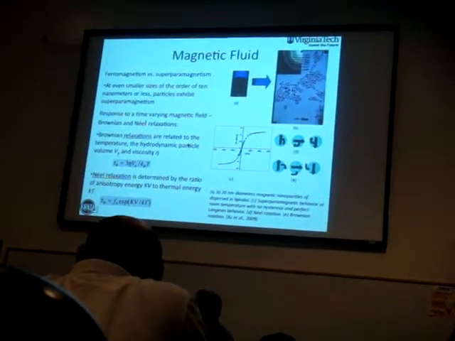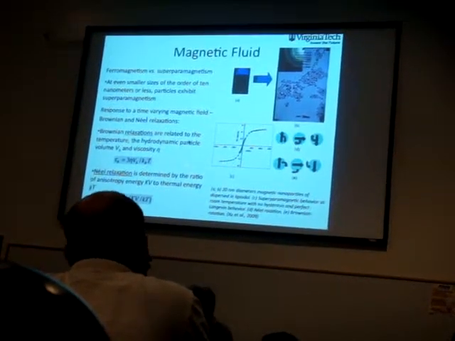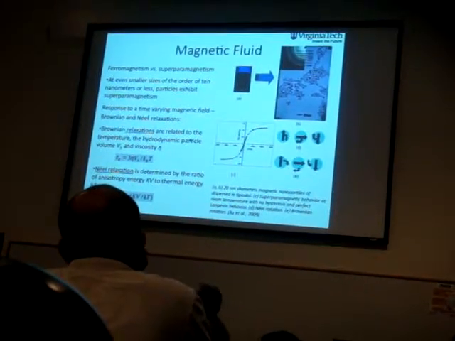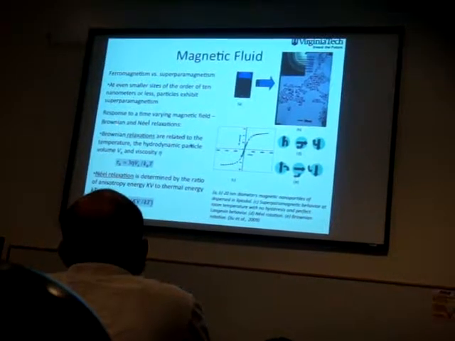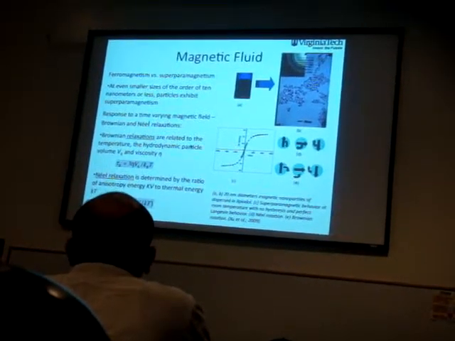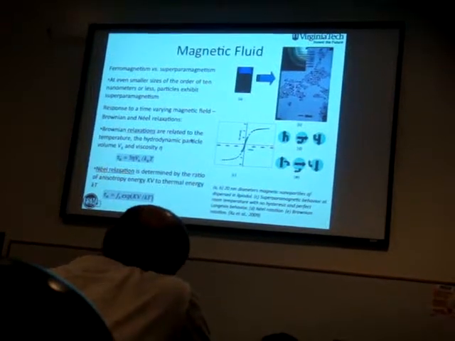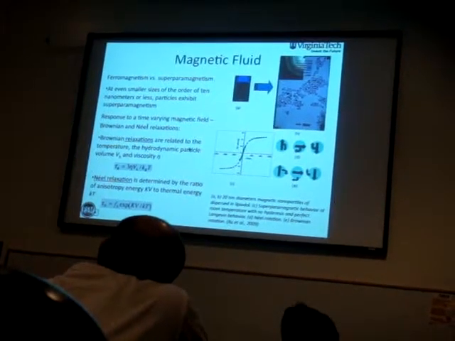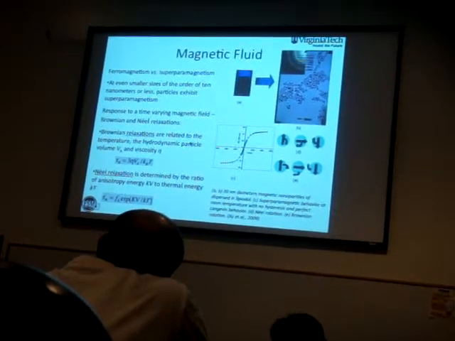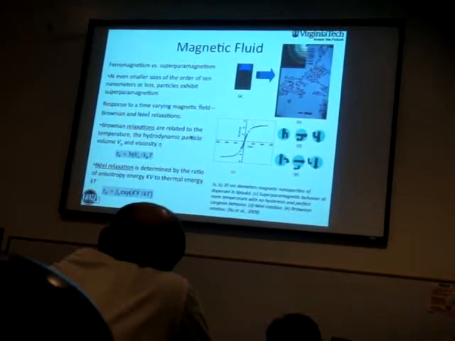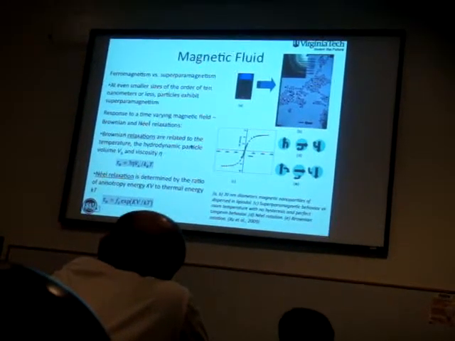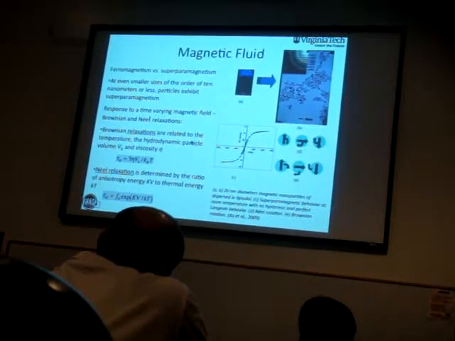There are two kinds of rotations of magnetic nanoparticles. They're called Néel relaxations and Brownian relaxations. If a magnetic nanoparticle is small, smaller than, say, about 4 or 5 nanometers, the magnetic moment inside the nanoparticle will move freely without the nanoparticle moving itself.